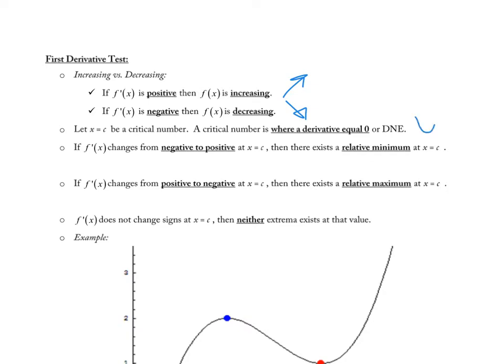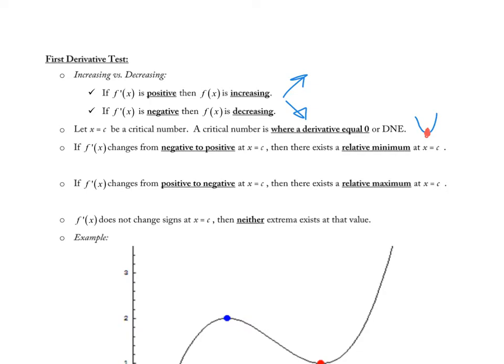So for example, if this was my graph, down here at the bottom, at the minimum, that would be where the derivative is 0 because we are neither increasing nor decreasing on the original function. Okay? All right. If f prime of x changes from negative to positive, okay, that means that the original function is changing from decreasing to increasing.